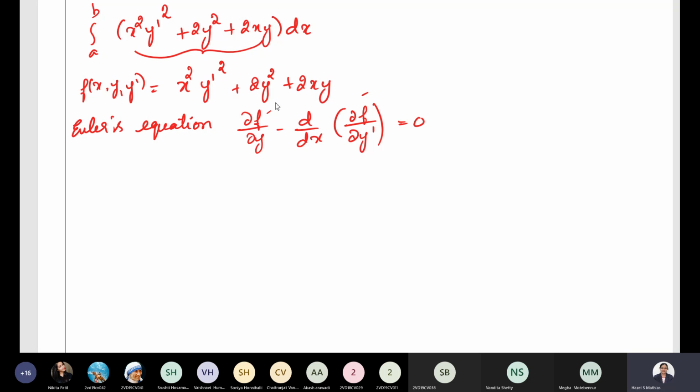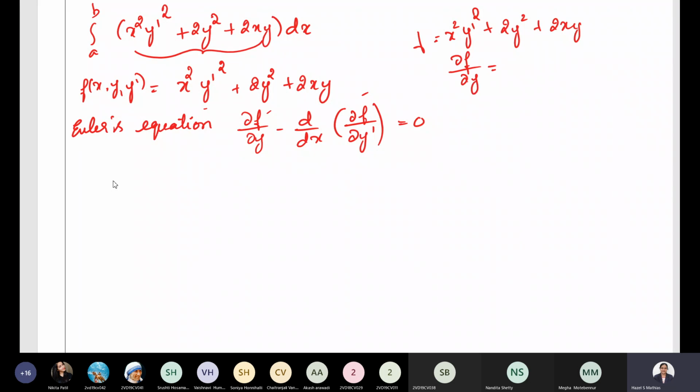Now how does this equation get transformed when you substitute in Euler's equation? Differentiation of f with respect to y: we have x² y'² + 2y² + 2xy, so we partially differentiate f with respect to y.